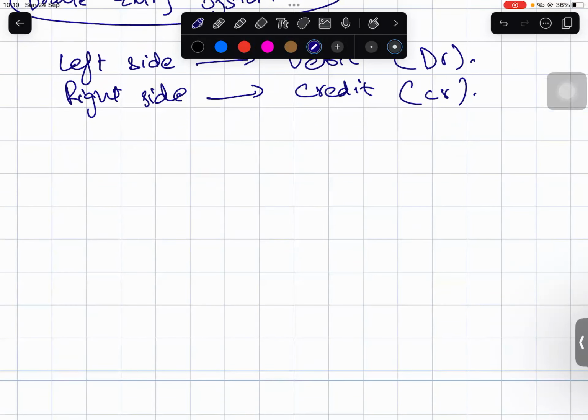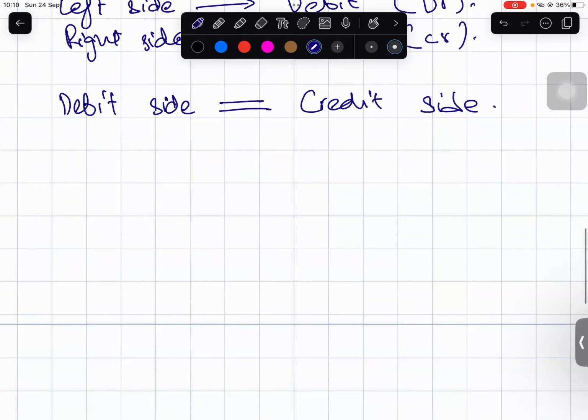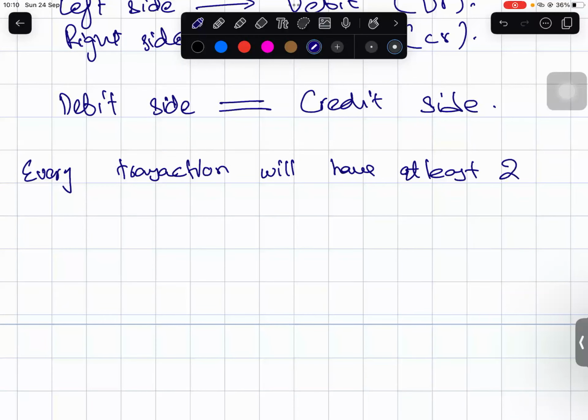We discussed that the debit side must always equal the credit side. And we also discussed that every transaction will have at least two effects.